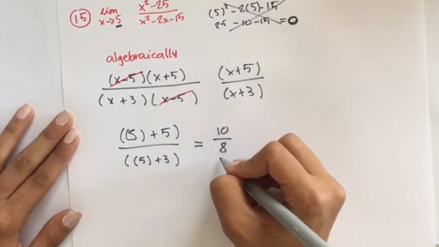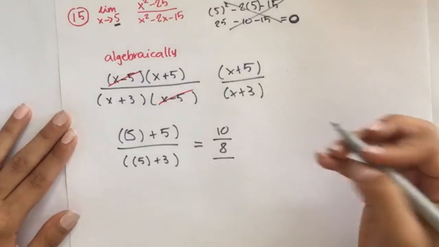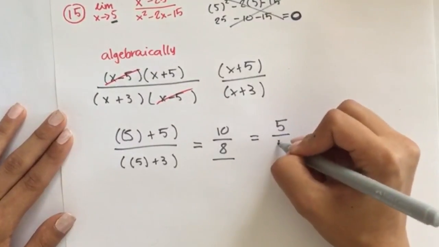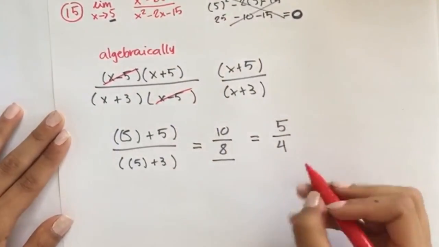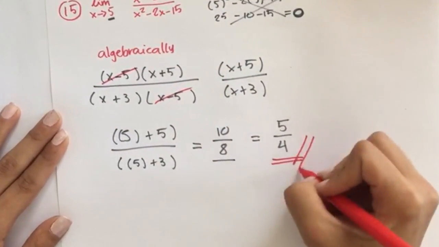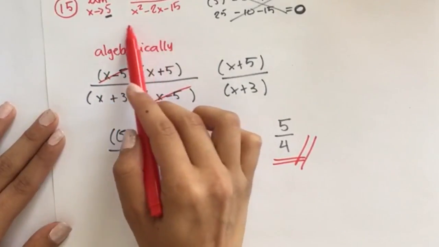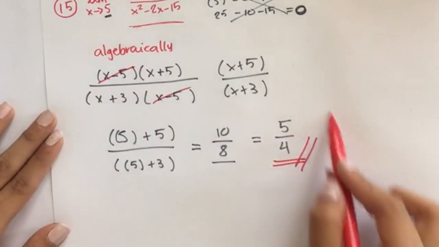But we can still simplify, so this is not our answer yet. Our answer would be 5 over 4. And this is how you solve the limit when x approaches 5 of this expression algebraically.